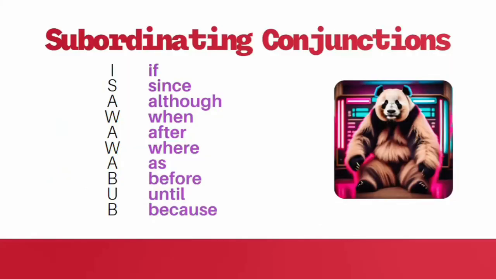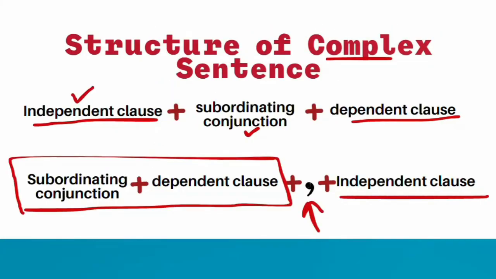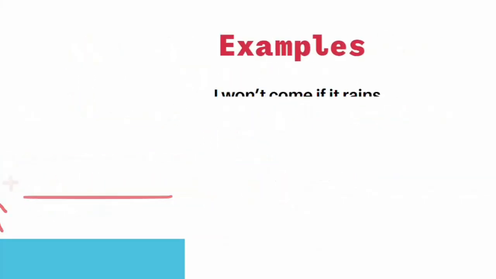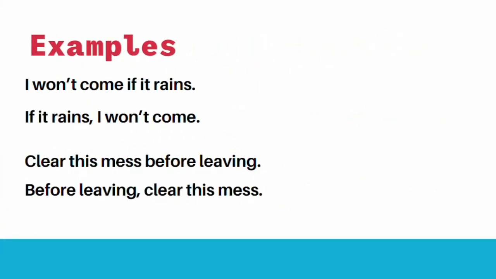Now let's quickly come back again to the structure. We need independent clause, subordinating conjunction, dependent clause, or subordinating conjunction, dependent clause, a comma, and independent clause. And now it's time to see some examples. There you go. The first sentence is, I won't come if it rains.